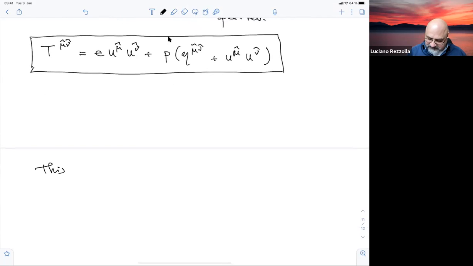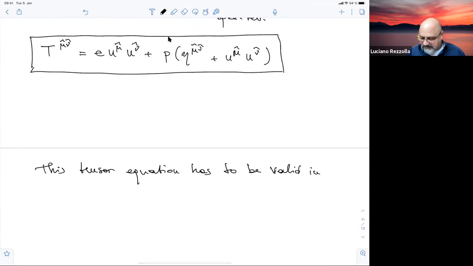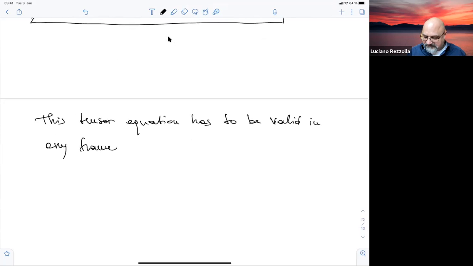This tensor equation has to be valid in any frame, not necessarily in special relativity.